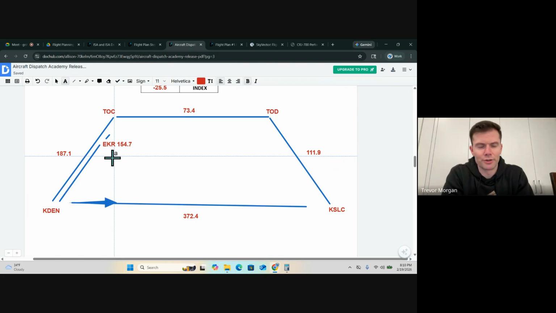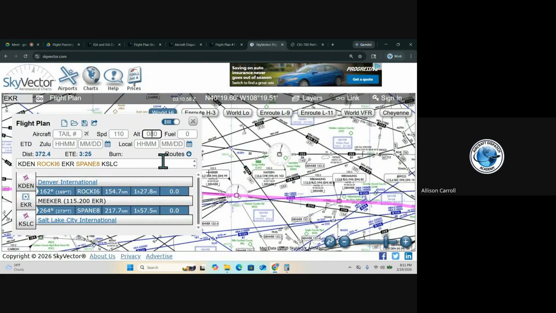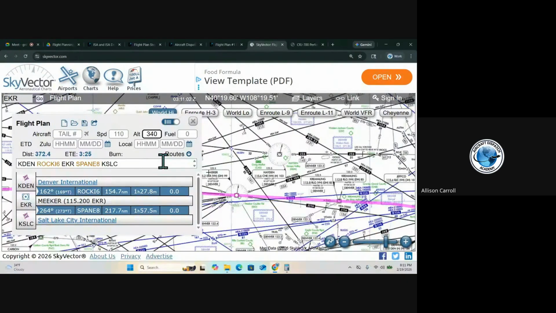Is it going to change your point-to-point distances in SkyVector if you change the altitude on there? Because isn't it basing those distances off of a cruise at 8,000 feet that was on there by default? You can change it to even 340. Okay, it doesn't change the distance. The distance is the distance.